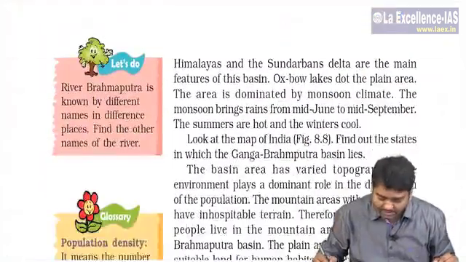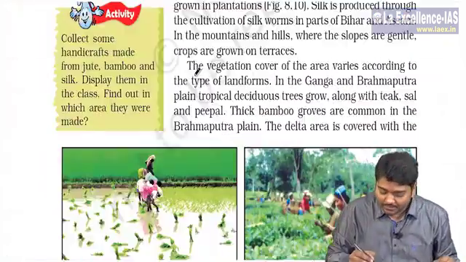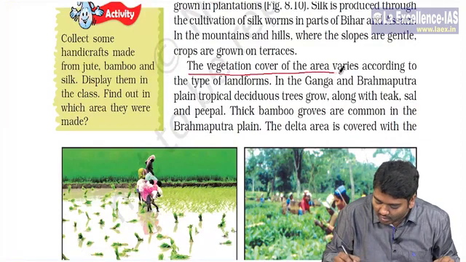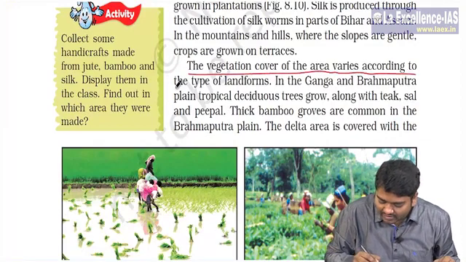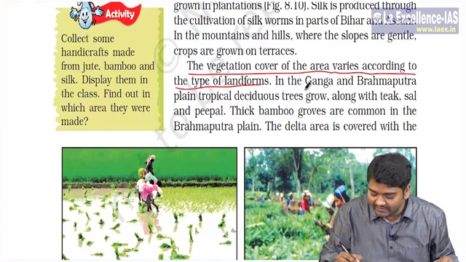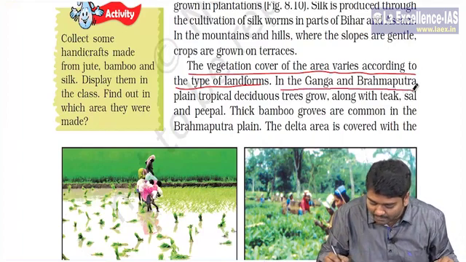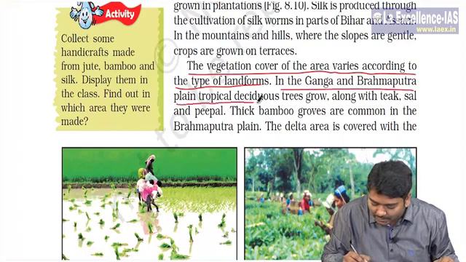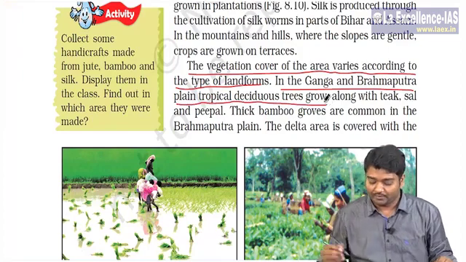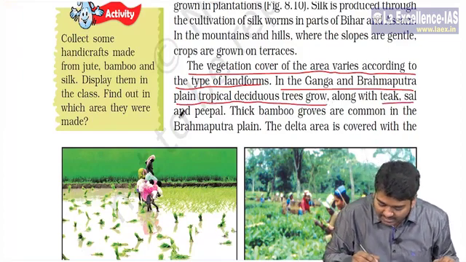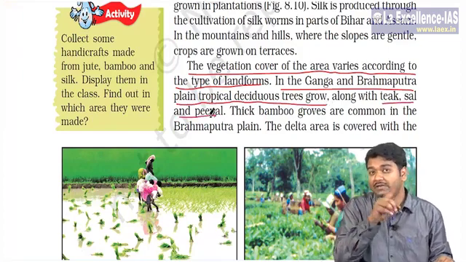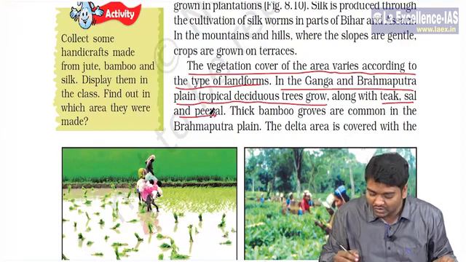The next important thing is about the vegetation cover of the areas. It varies according to the landforms. When we look at the Ganga and the Brahmaputra plain, tropical deciduous trees grow, along with teak, sal and peepal. I have already told you in tropical deciduous forests what trees you usually see.